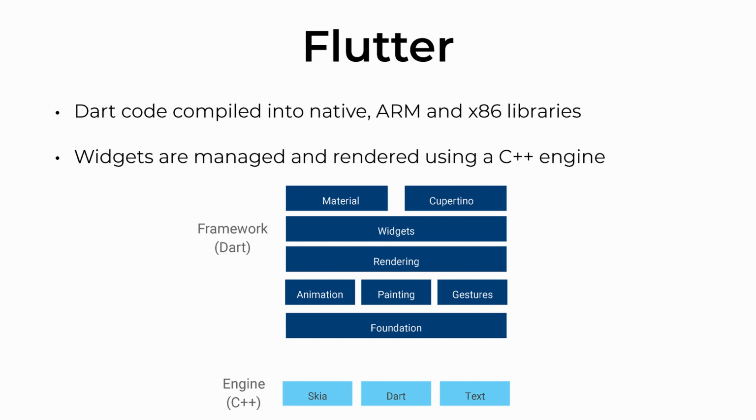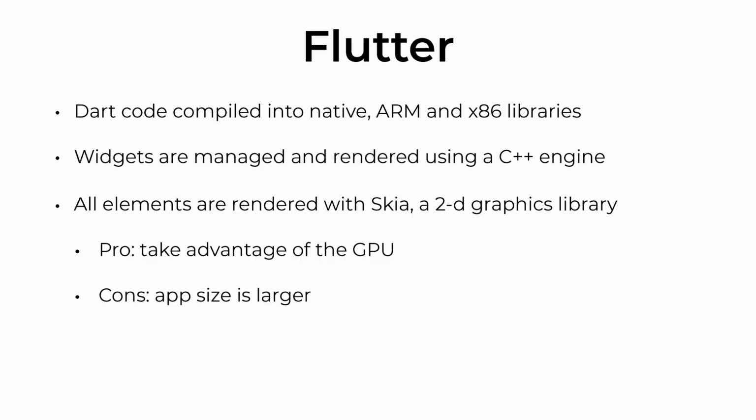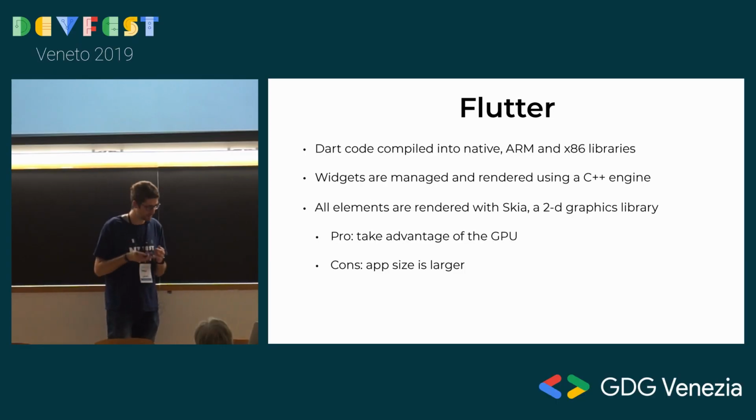And this graphic library draws the widgets in a canvas. So with a graphic library, everything is quicker because it uses the GPU and stuff like that. But the con is that the app size will be larger because, of course, we have to ship this engine in the APK or in the IPA.